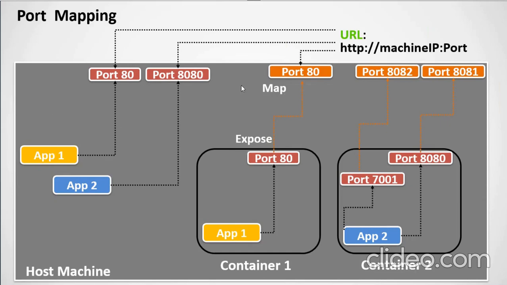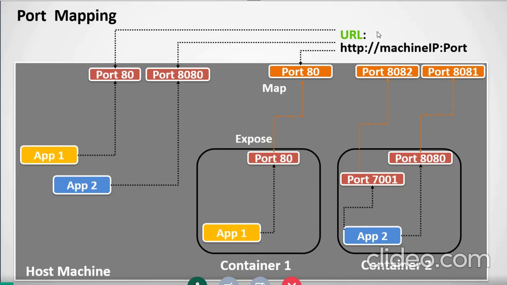Assuming all of these are running, then I should make this 81 or 80, 90, something like that. In a machine, the port is available only once. So whoever wants it can take it. That could be an application or it could be a container. But no two applications can map to one port. It's always one to one.